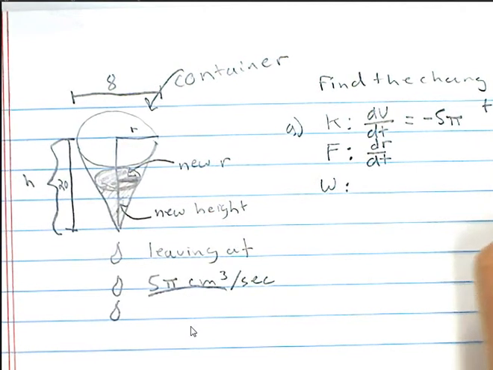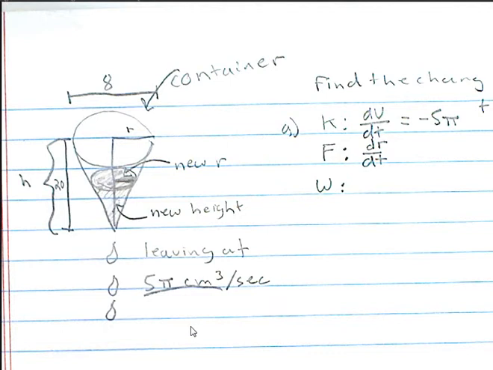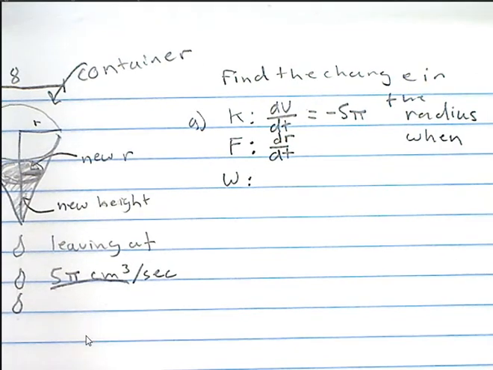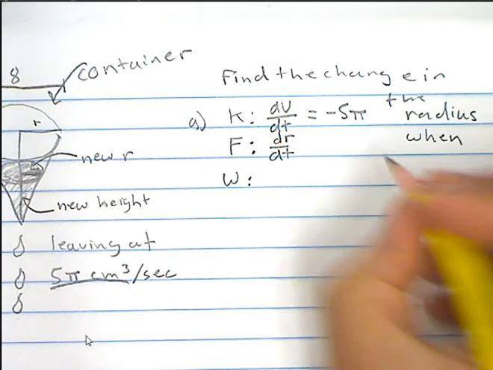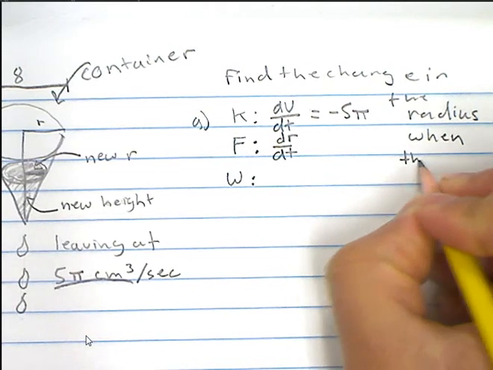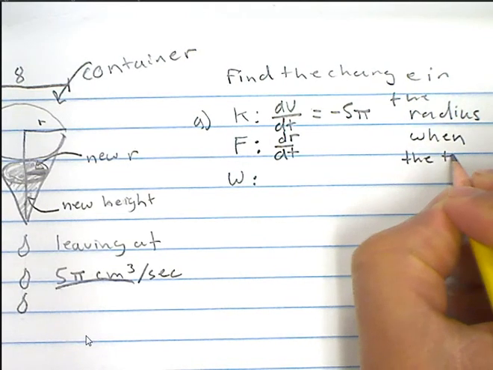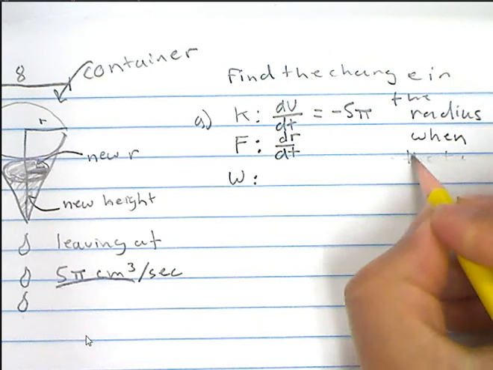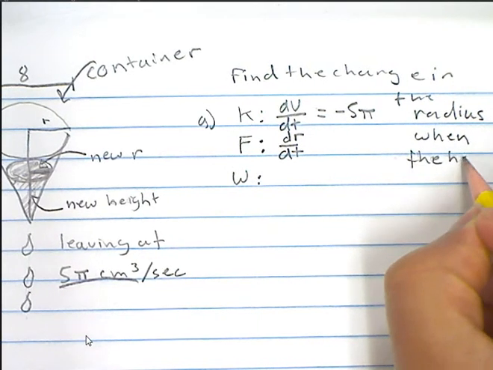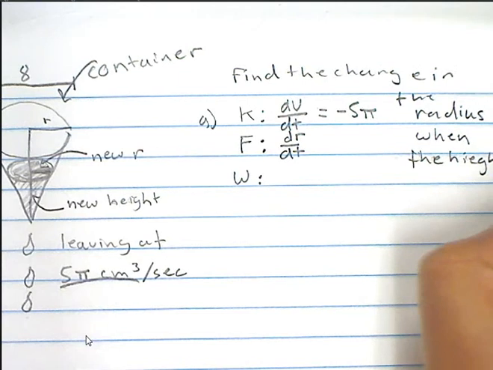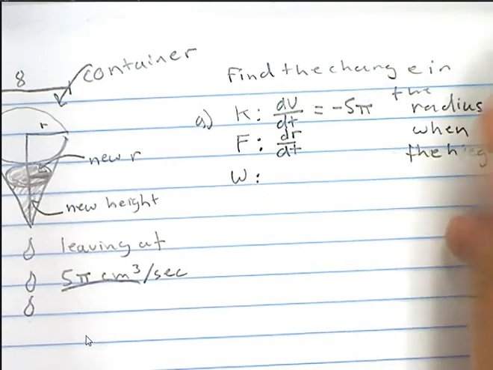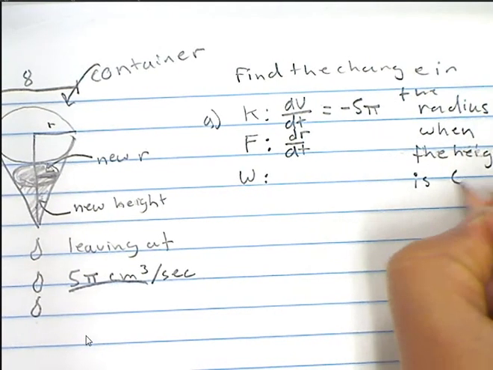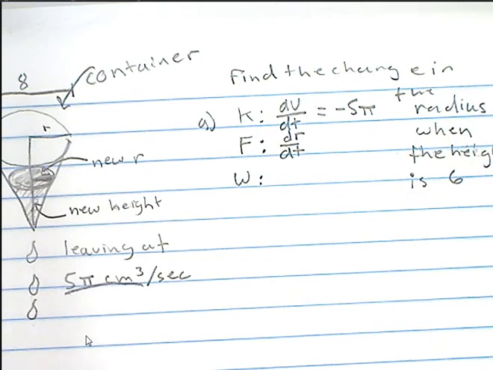Let's say we want to find the change in the radius when the height is 6.